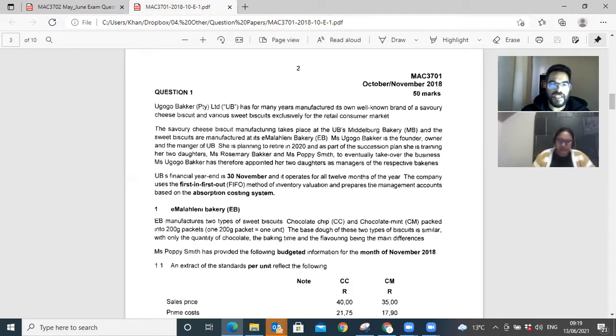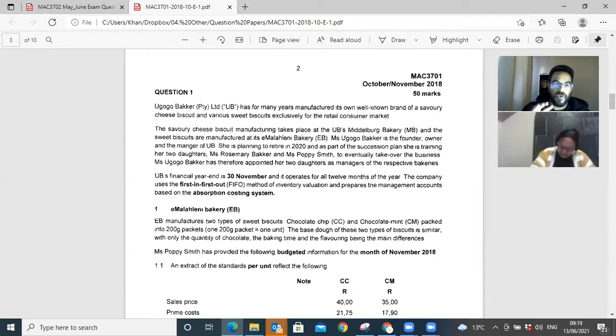The savory cheese biscuit manufacturing takes place at UB's Middleburg Bakery, MB, and the sweet biscuits are manufactured at its Imali Bakery, EB. So you must have this picture in your head now. You have UB, which is the big company. Then below UB, you have MB and EB. MB manufactures the cheese biscuit and EB manufactures the sweet biscuit.